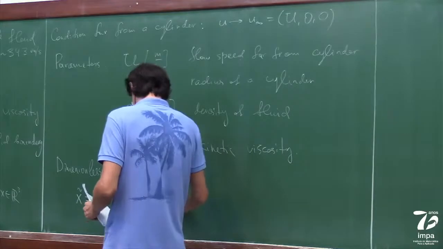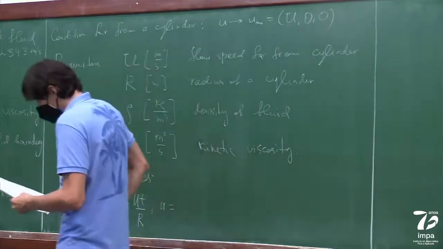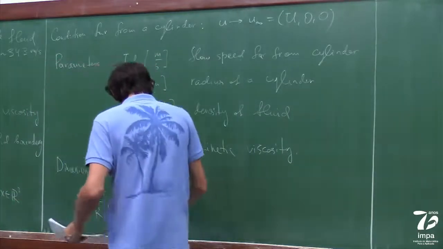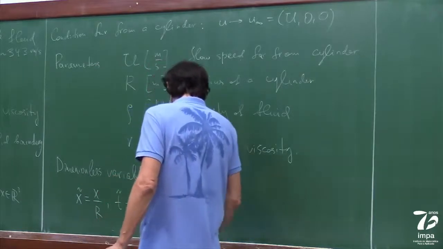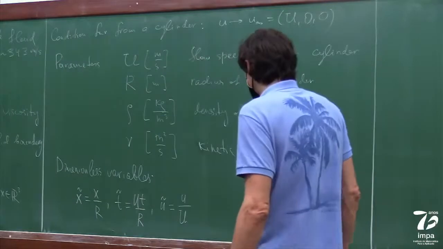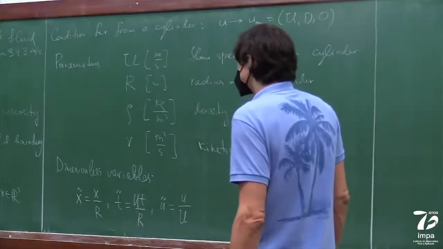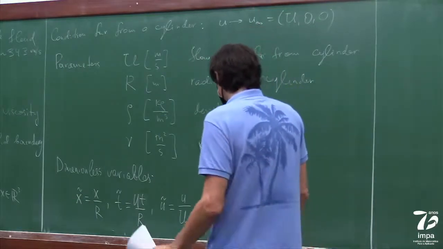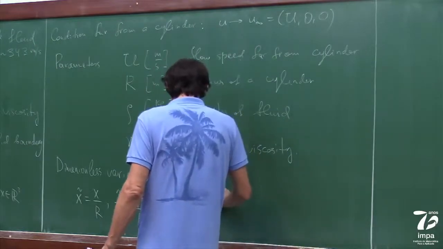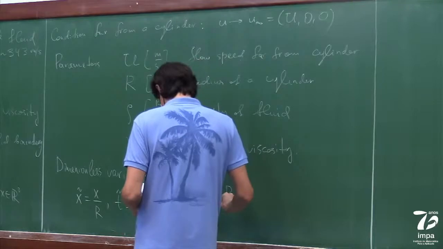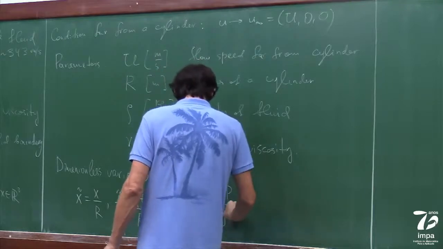Then U is a rather straightforward way to nondimensionalize, of course, with respect to the speed of the wind. And then we also need pressure, because pressure also enters. So the new pressure is the old pressure divided by rho U squared.